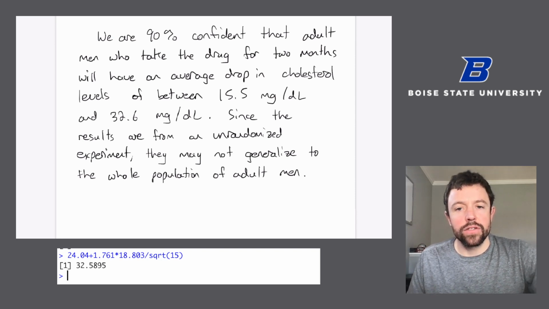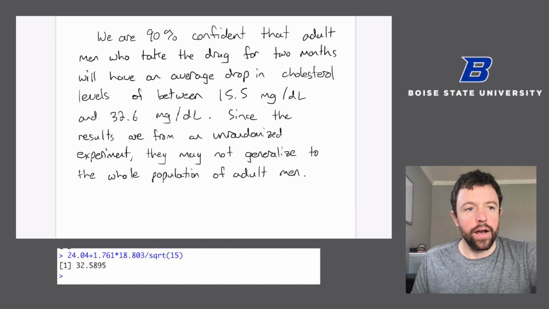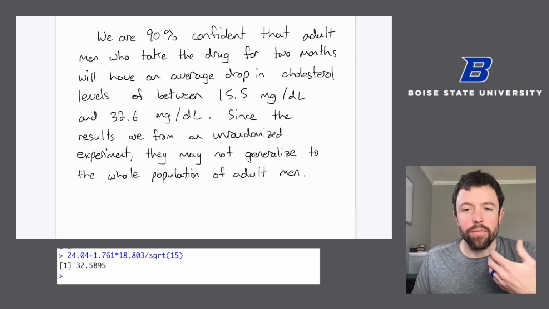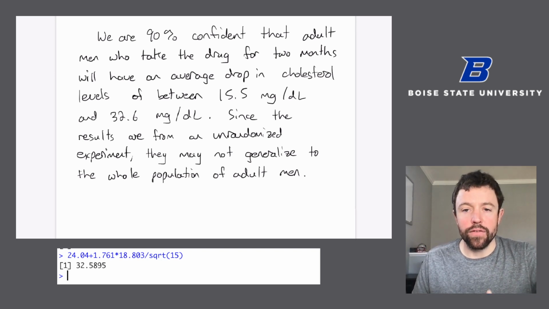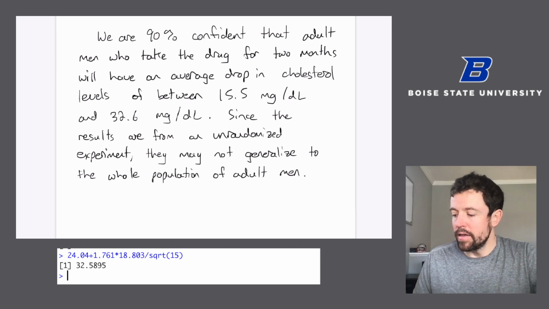That is that volunteers who agree to participate in a cholesterol study likely are doing other things to try to lower their cholesterol. And if we had a control group, we'd be able to compare how well the drug did versus nothing, and take that into account, that people might be exercising or changing their diets. Here, this result doesn't do that, and so we can't really be certain that this actually generalizes to the whole population.